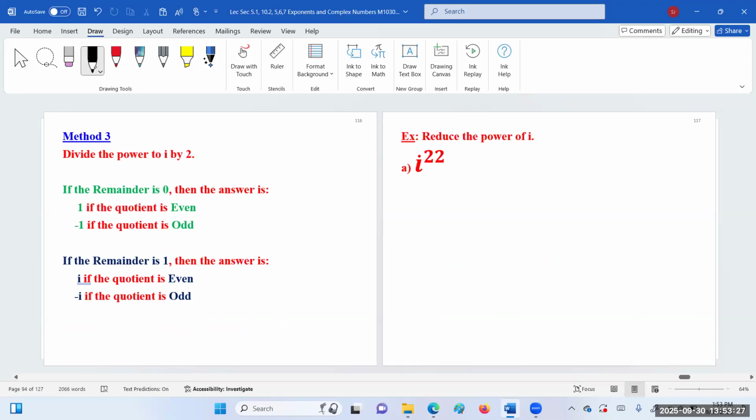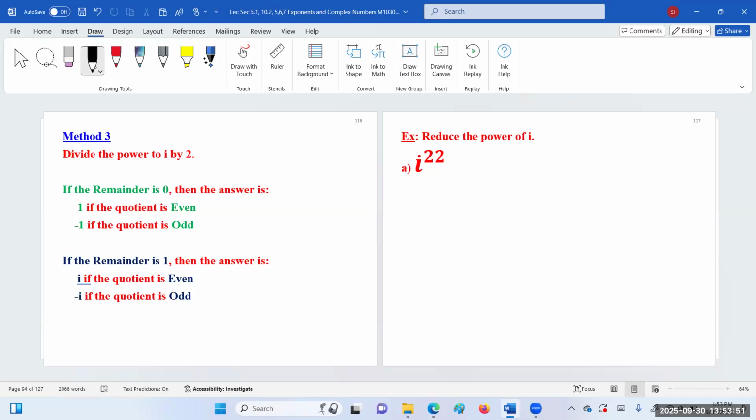I would not recommend memorizing anything, because during the exam you're going to mix all this up and end up creating a new rule, which is wrong, definitely. So let's do a few more examples. Instead of memorizing, let's do it step by step.